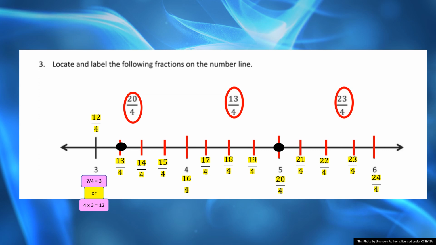So we're going to locate 23/4 on our number line and plot a point or place a dot on the line where 23/4 is located. Now, you may want to pause your video so that you can make sure your paper looks like my screen.